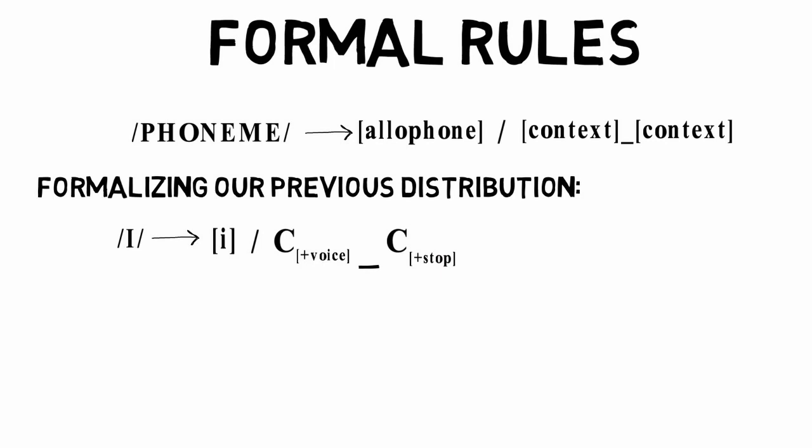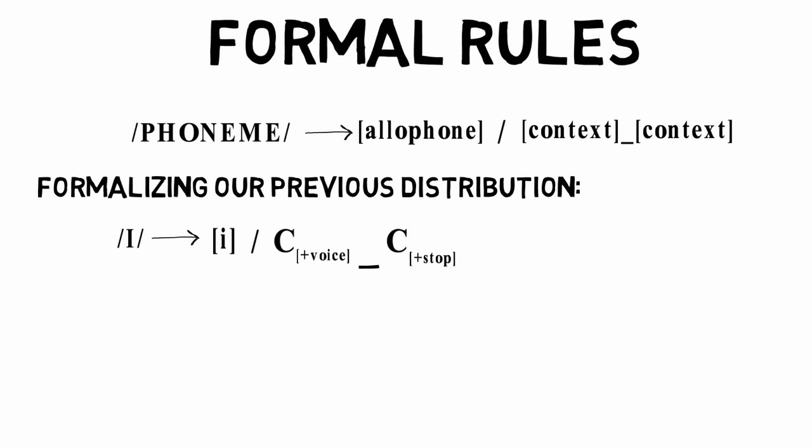Remember again that we use C plus voice to say any voiced consonant, and C plus stop to say any stop consonant. Now, you may be wondering if these represent any voiced consonant and any stop consonant, but our data didn't actually show us every single voiced consonant or stop consonant in the IPA.